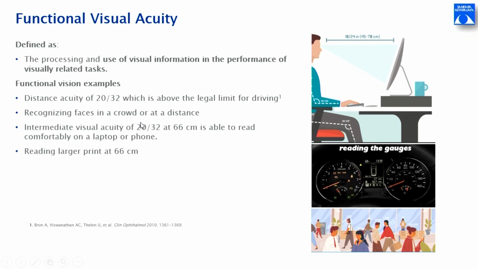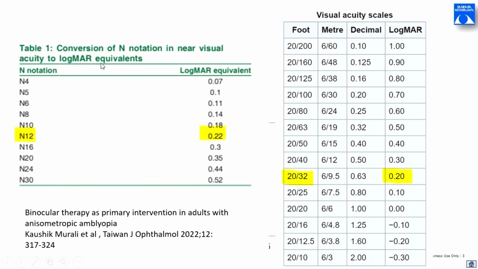So which are the lenses, the minimum lens, which can give you functional visual acuity? Just to understand, because we are changing between different visual acuity scales, 20/32 is equal to 6/9.5, and on the logMAR it is 0.20.